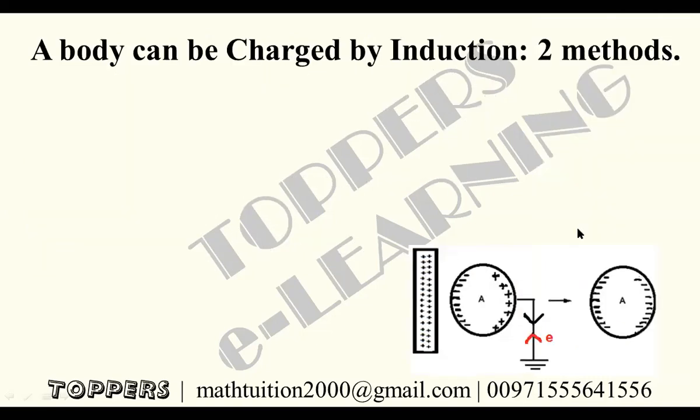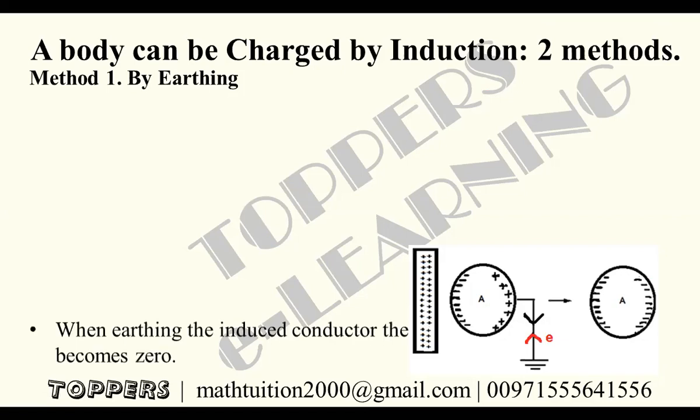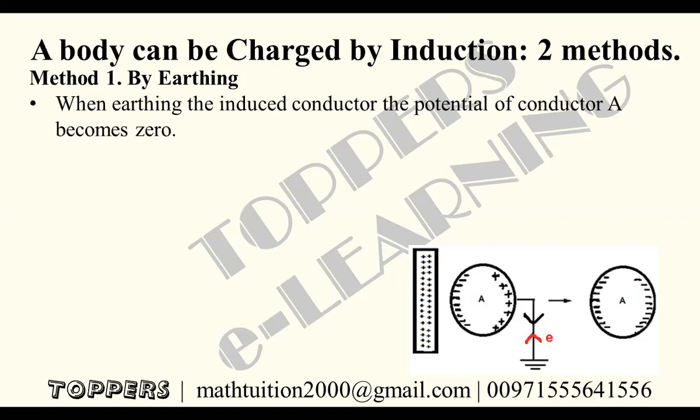Now, charging by induction, we can actually do in two methods. The first method is by earthing, by touching or grounding, connecting to the earth. When earthing the induced conductor, the potential of conductor A becomes zero, right?